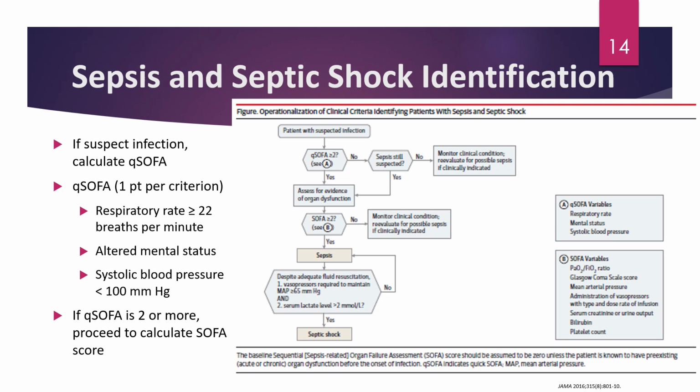However, with qSOFA, you see that there was only one parameter that was shared, and that's the respiratory rate. With SIRS, it's respiratory rate greater than 20-ish. qSOFA is respiratory rate greater than 22. So you see there's a little bit of variability, and most likely it's because they didn't want to mistake somebody who had a respiratory rate of 20 or 21 as potentially being septic.